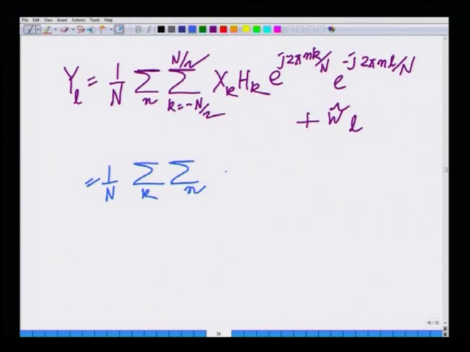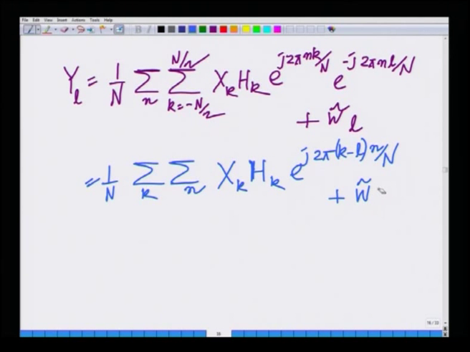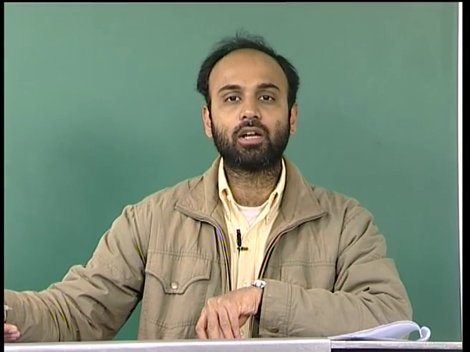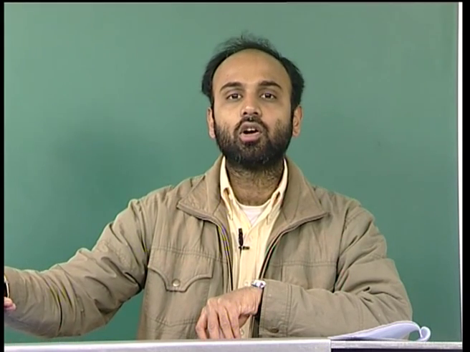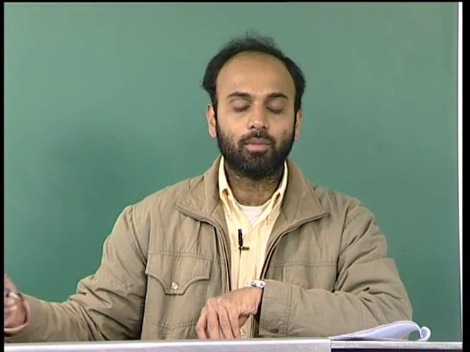I am going to combine e^{j2πk n/N} and e^{-j2πnL/N} as x_k h_k e^{j2π(k-L)n/N} plus W̃_L, where W̃_L is nothing but the FFT coefficient of all the noise samples W_0, W_1, ..., W_{N-1}. This is also a noise sample.